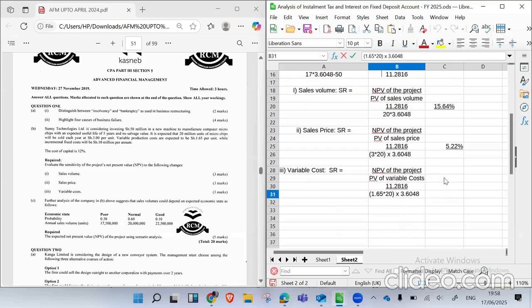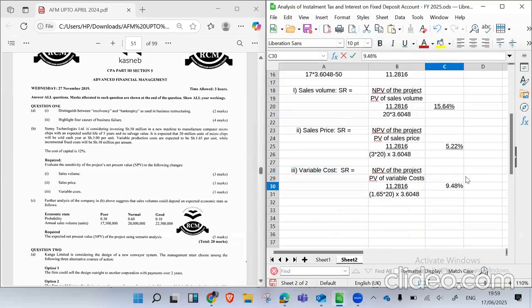So if you use the calculator, what is our sensitivity ratio there? 9.48.